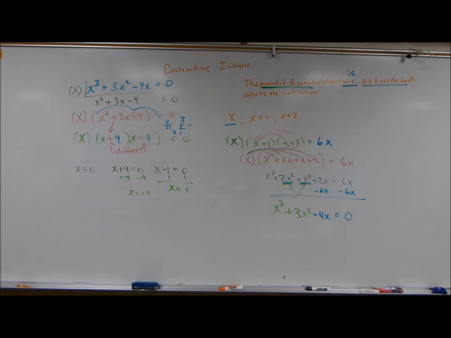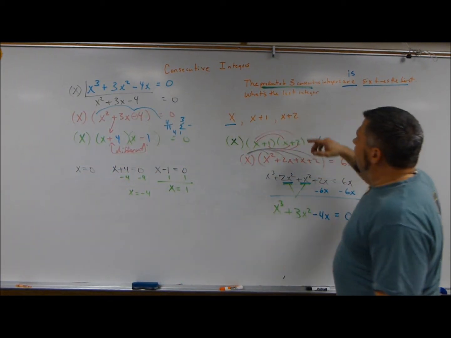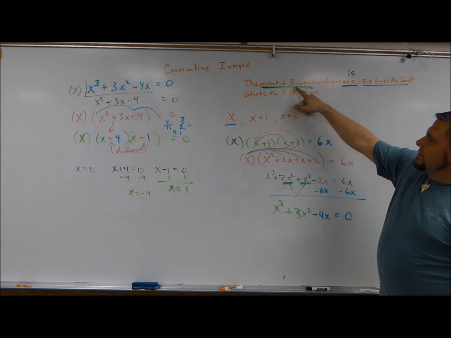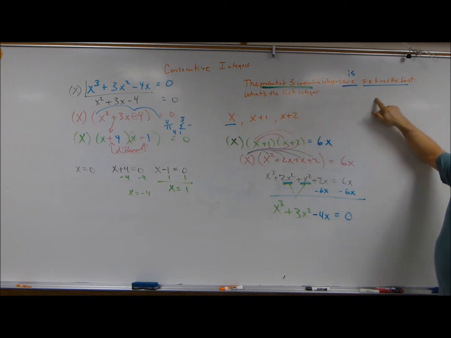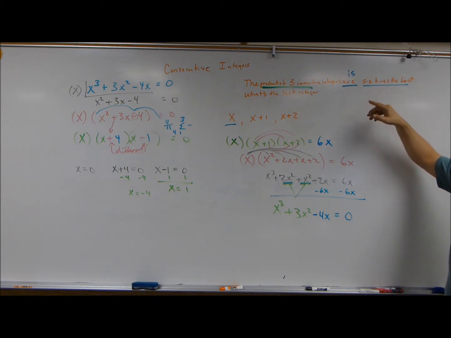So if that's true, I have some things going on here. I don't think 0 is going to work for me, although 0, 1, 2 would work. What's 6 times 0? 0.